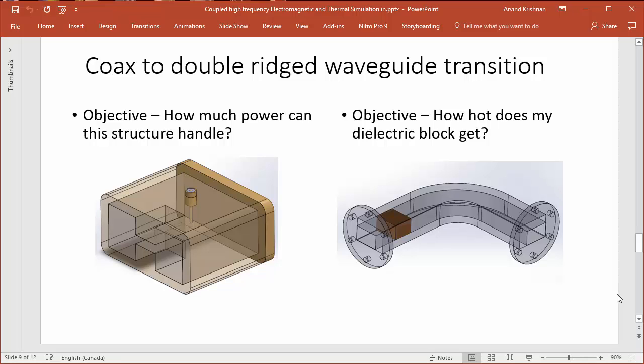On the right side, I also have a circular waveguide, and you will see that there is some sort of dielectric sitting there. When I send in high power microwave, we're mainly interested in how hot the dielectric gets under the operating conditions. So we're going to look at these two examples now.